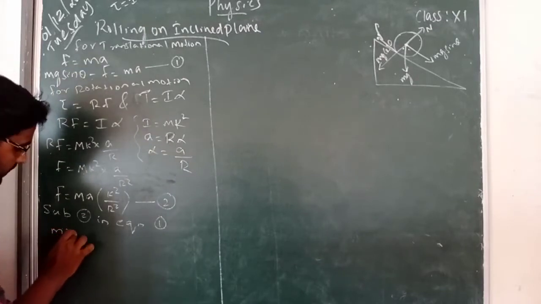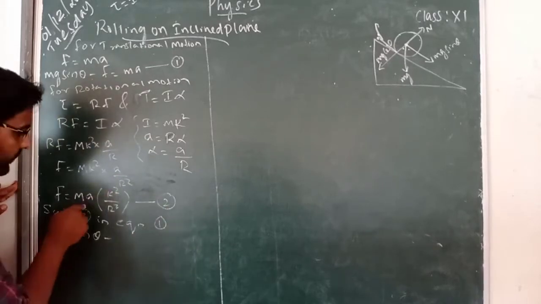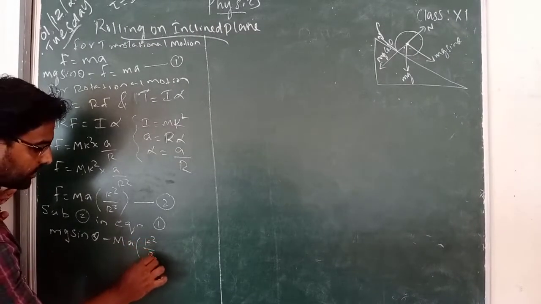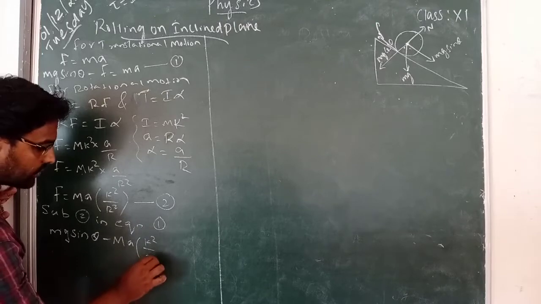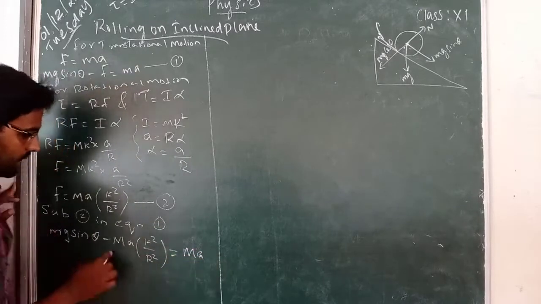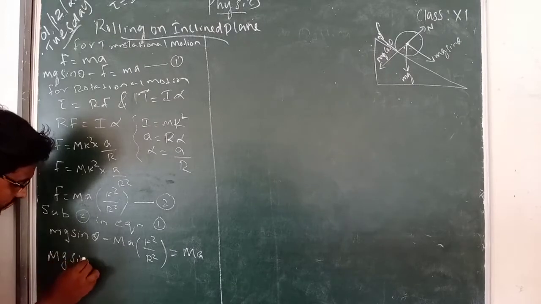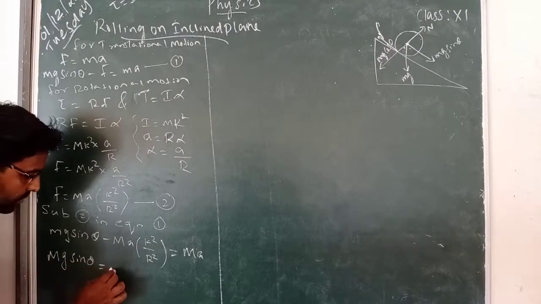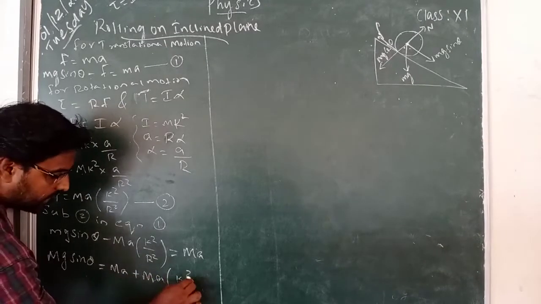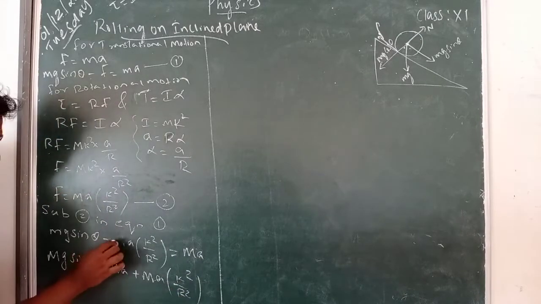So mg sin theta minus, instead of F, m a k square by r square, is equal to ma. Now take ma to one side: mg sin theta is equal to ma plus ma k square by r square.